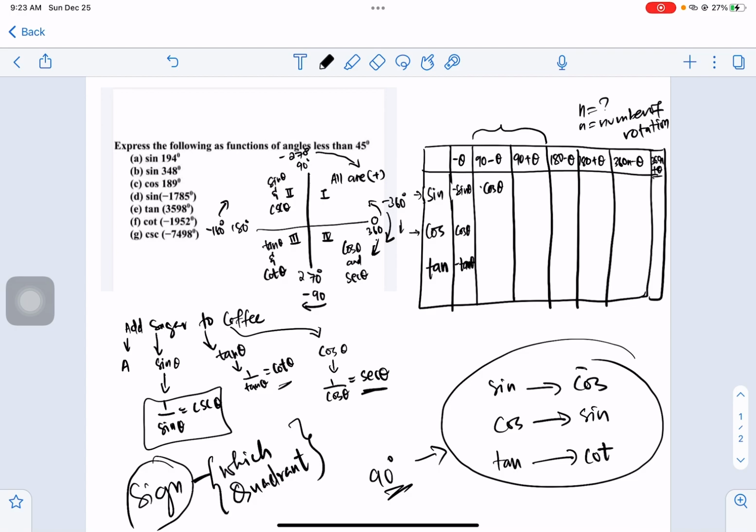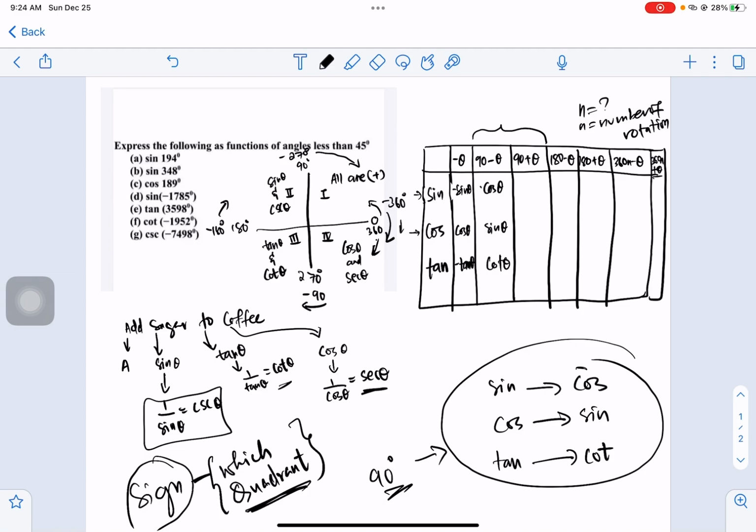So to check the sign, you need to check the quadrant. 90 minus theta is less than 90, so it will be quadrant 1. In quadrant 1, all are positive, so you just give all signs positive. However, because there is 90 degrees, cos will change to sine, so it will become sine theta. Tan will become cot theta, and all will have a positive sign.